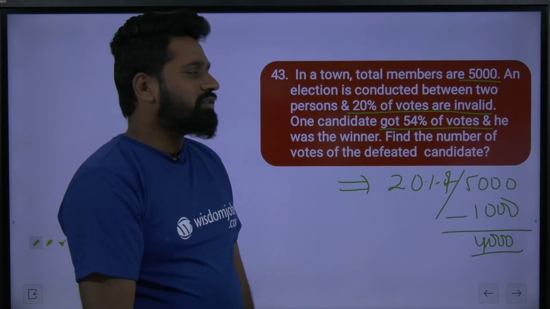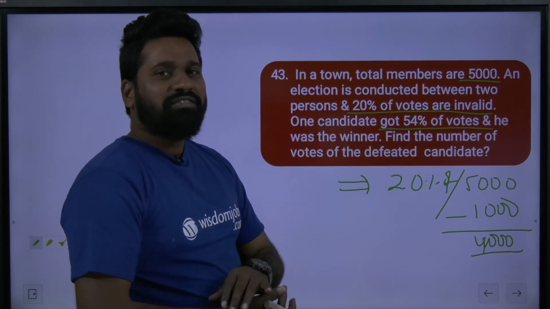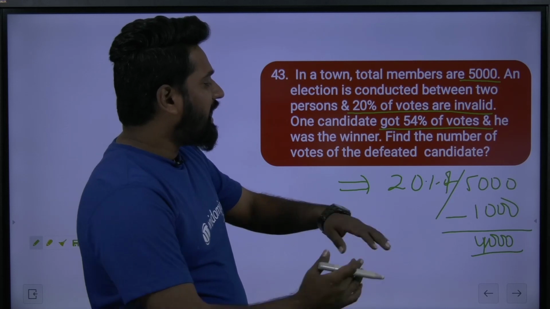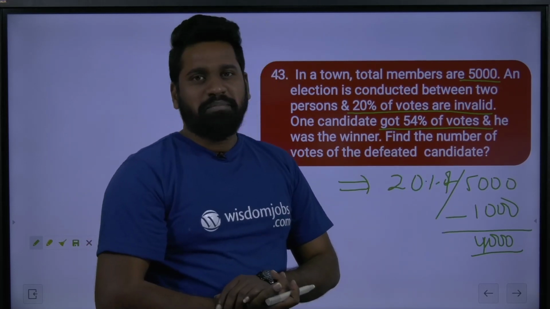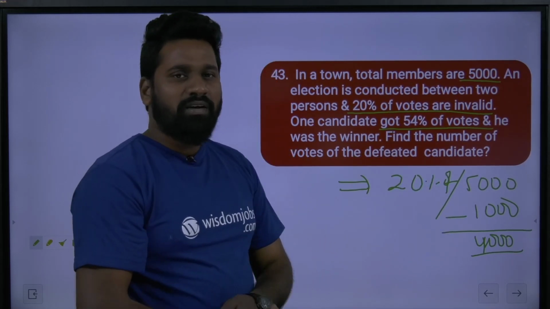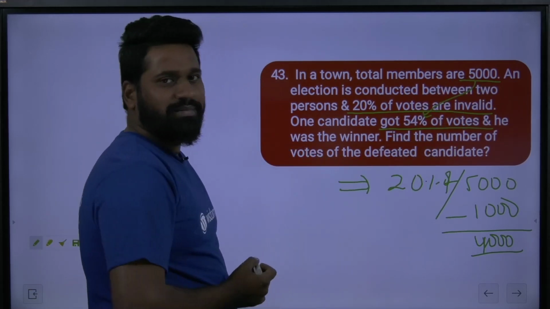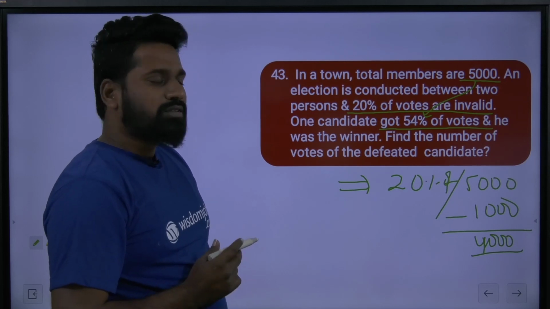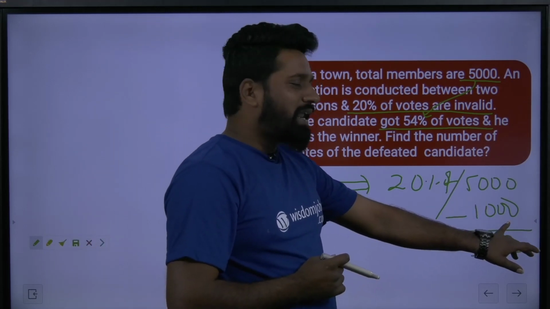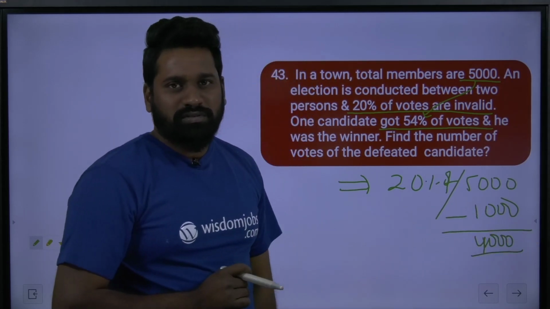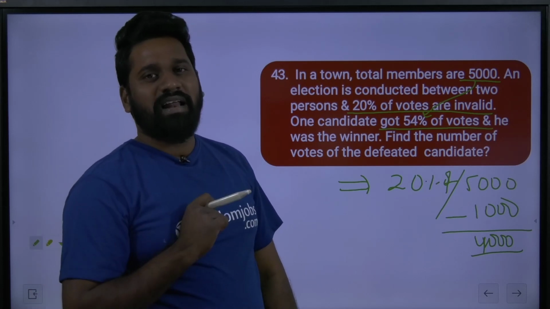Out of those 4000, one person got 54% of the votes and the remaining person got the remaining percentage. Is it clear? So don't take 54% of this 5000 votes. That becomes wrong. Always we have to subtract these invalid votes. Only you have to consider valid votes.